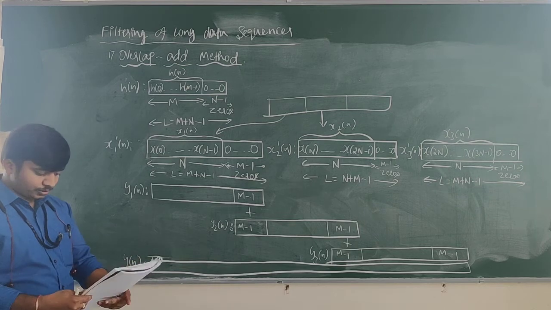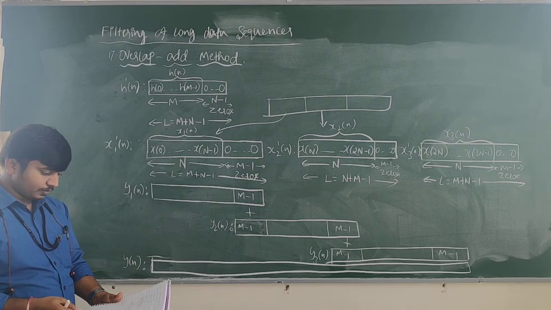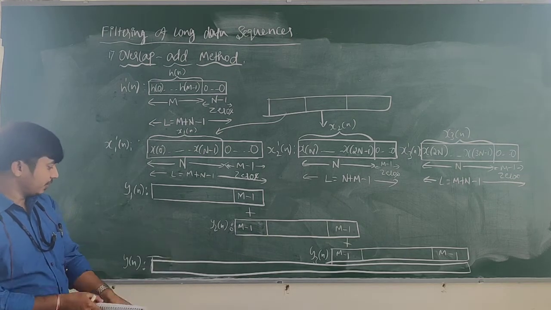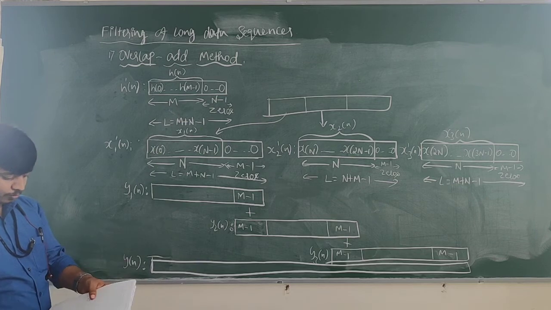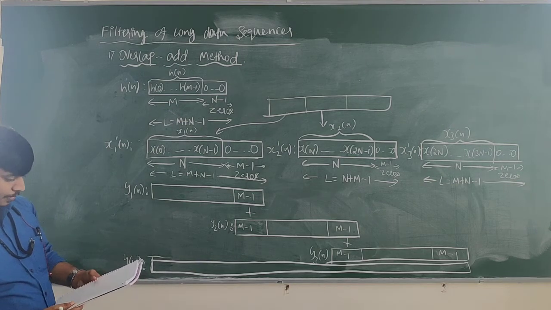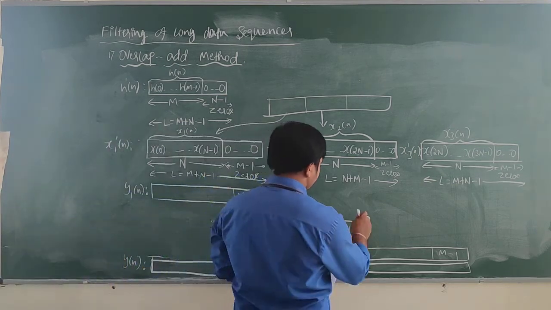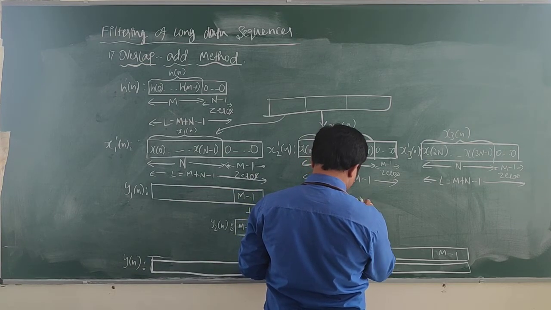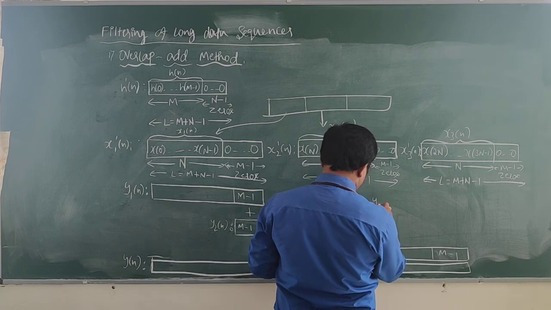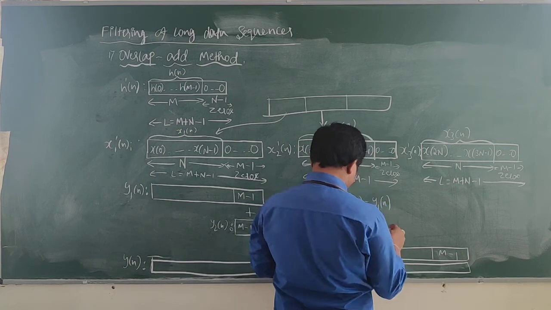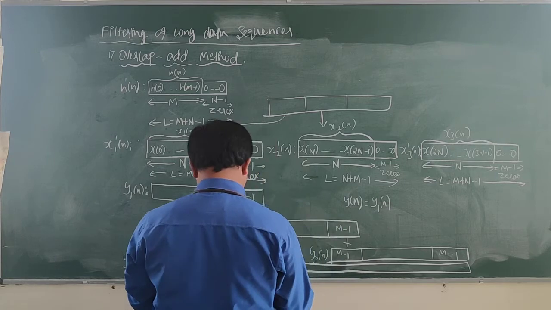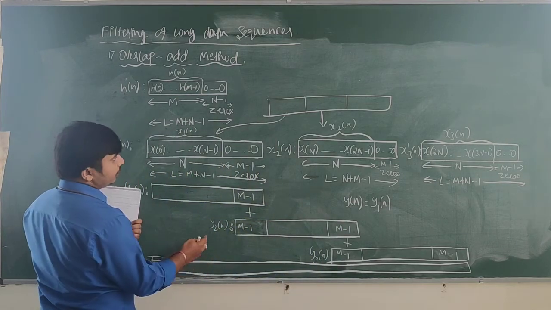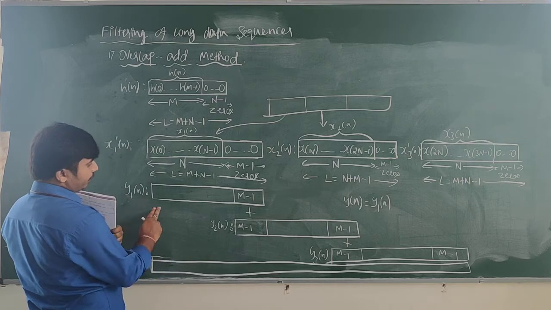Now, what will be the equation for this y of n? The output y of n is given by y of n equal to, I am adding y1 of n. Here this is y1 of n.